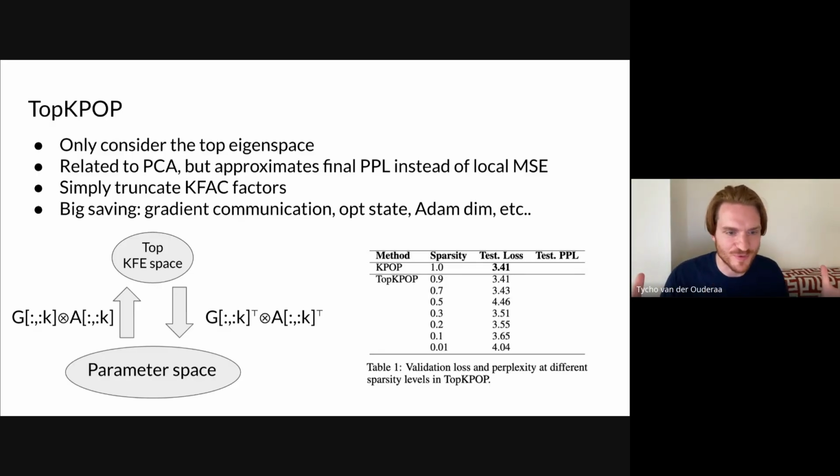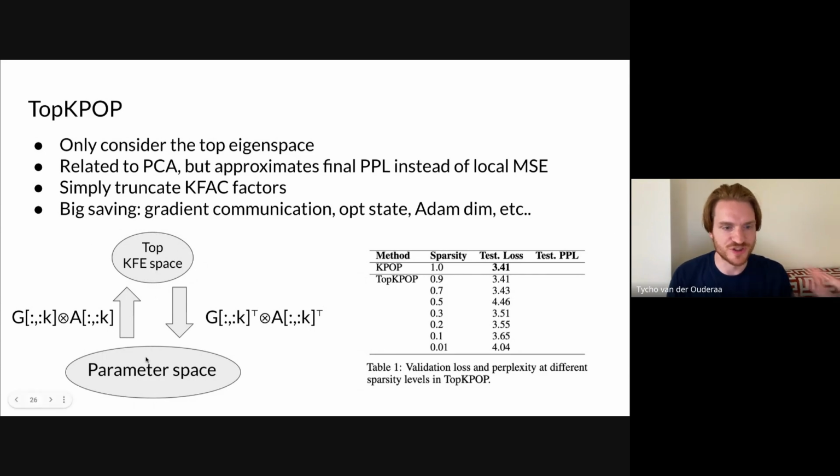So it's a principal KFAC eigenbasis, or you can think of it as using the principal component of your final perplexity loss, but with these linearized or approximate assumptions. And this is pretty cool because everything happens in the new TopKFE.